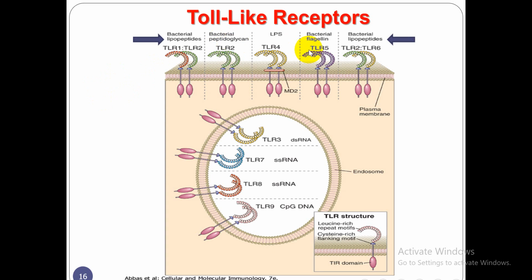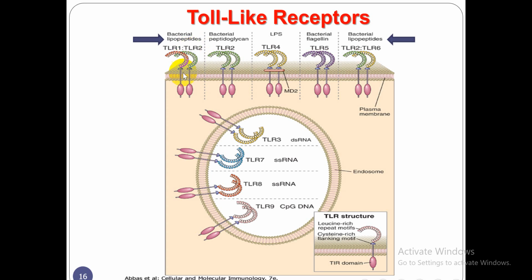But sometimes we have heterodimers, for example, heterodimer of toll-like receptor 2 and toll-like receptor 6, or heterodimer of toll-like receptor 1 and toll-like receptor 2. This heterodimerization could provide a wider range of receptors for recognition of more pathogens.